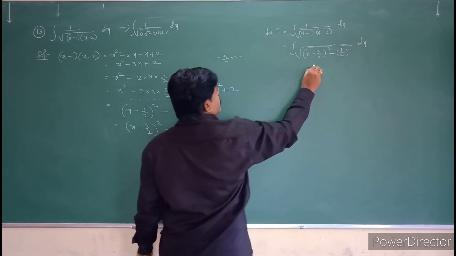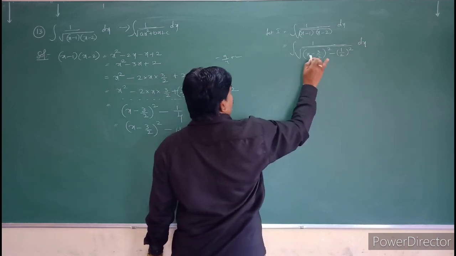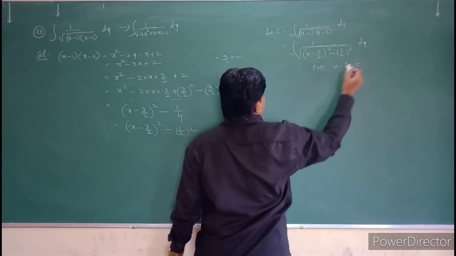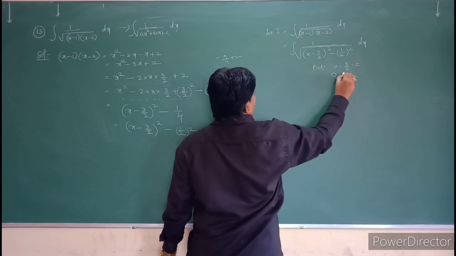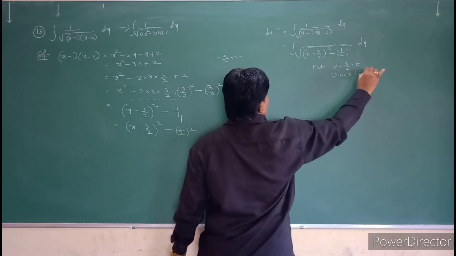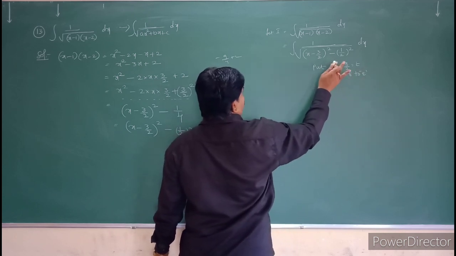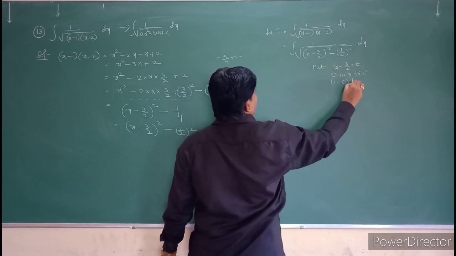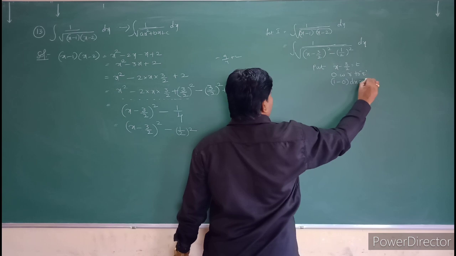So next what do we have to take? Put x minus 3 by 2 equal to t. Differentiate with respect to t: 1 minus 0 into dx is equal to dt.